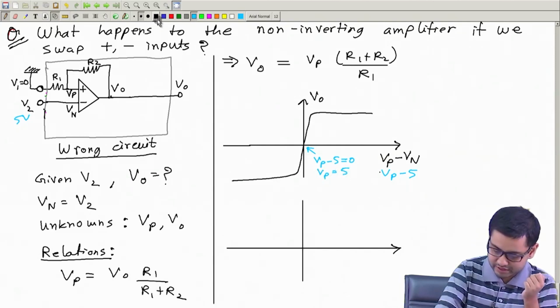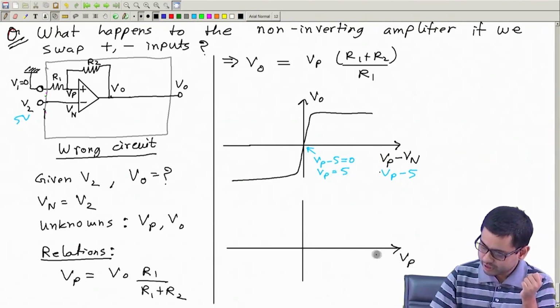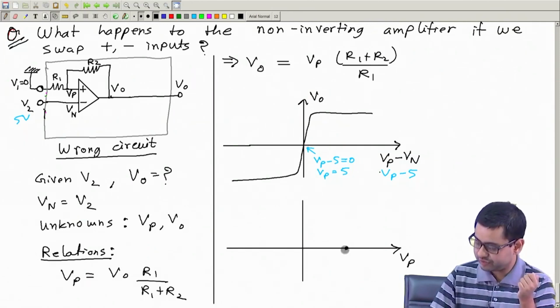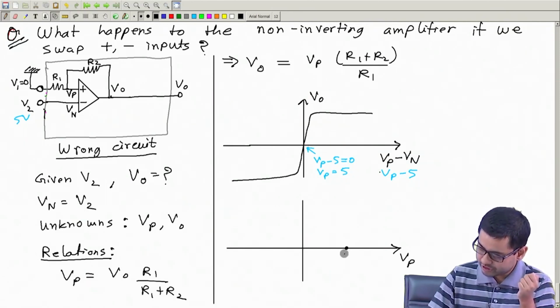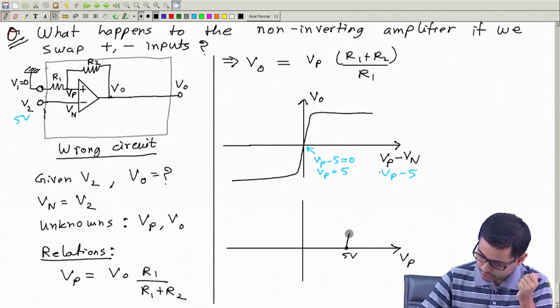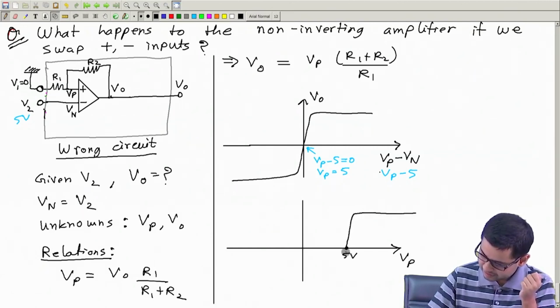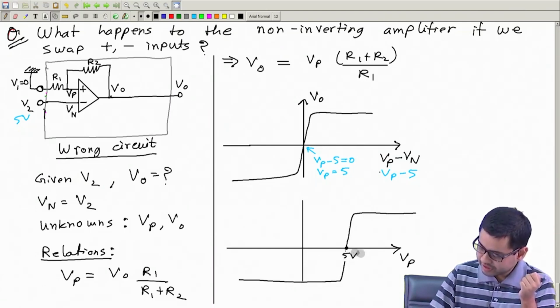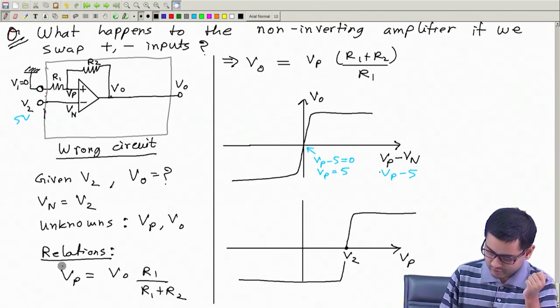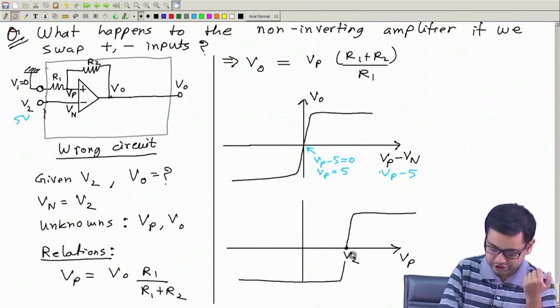So in the other curve, when Vp is equal to 5, this crossover will take place. So in general, in place of 5 volt, let me put the value V2 or Vn, whichever you like.